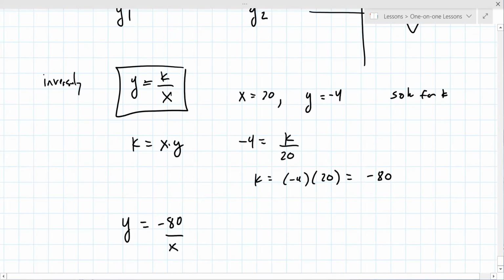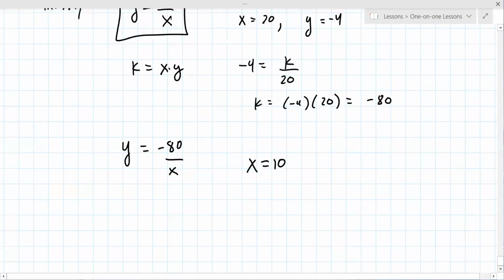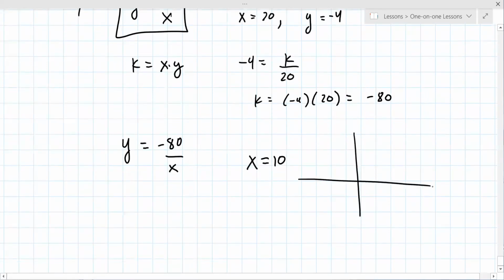And then so now you have to put x equals 10 in. It says to graph the function, which I guess you can put in your calculator, -80 over x.